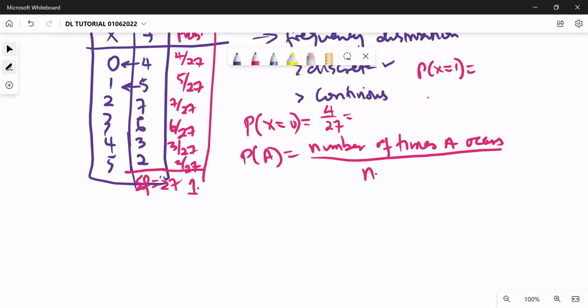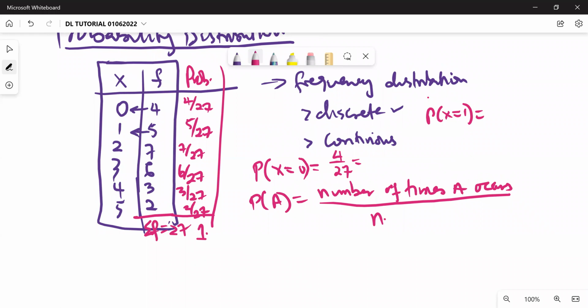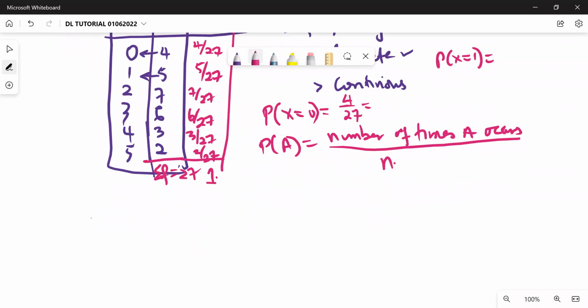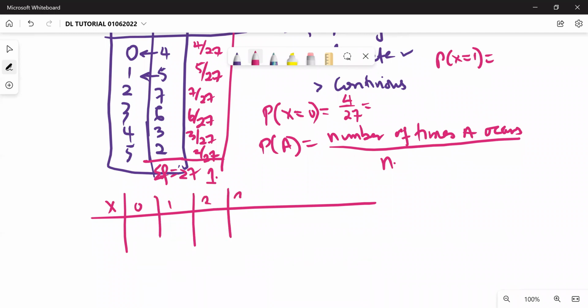So from this frequency distribution, we can come up with a probability distribution which looks like this. I'm going to write it in this format to save on space. So this will be 0, 1, 2, 3, 4, 5.